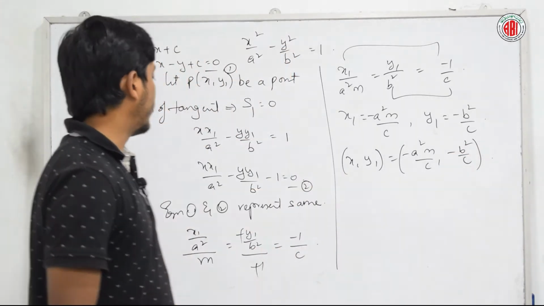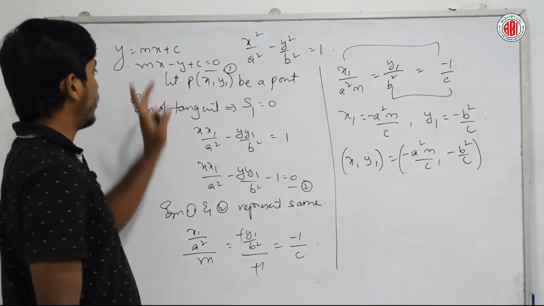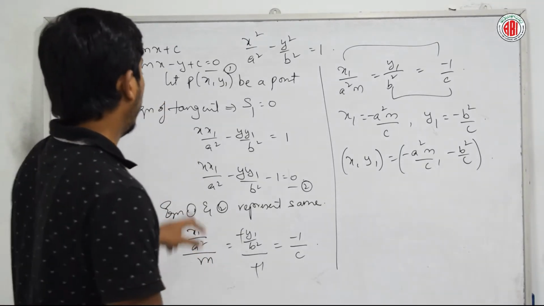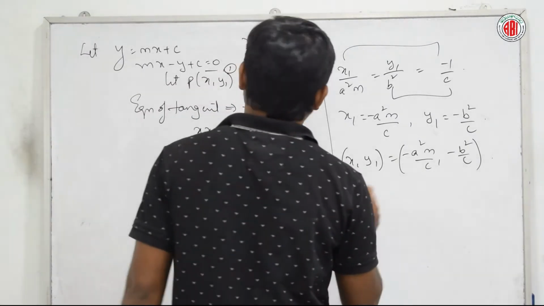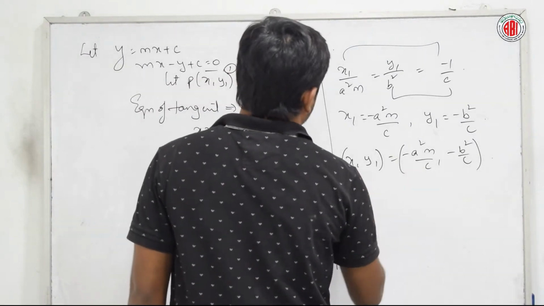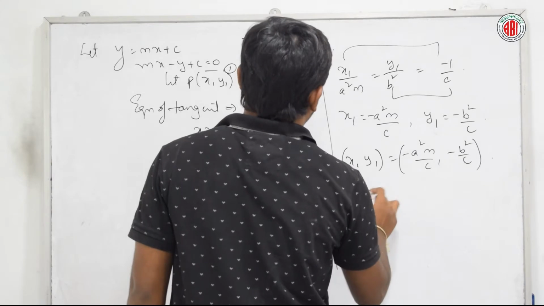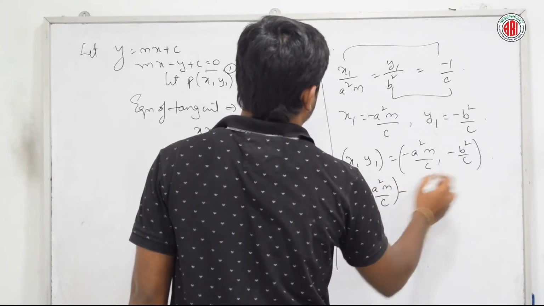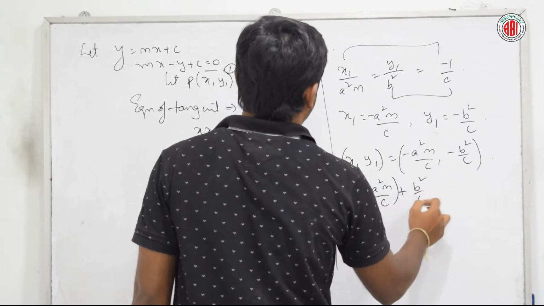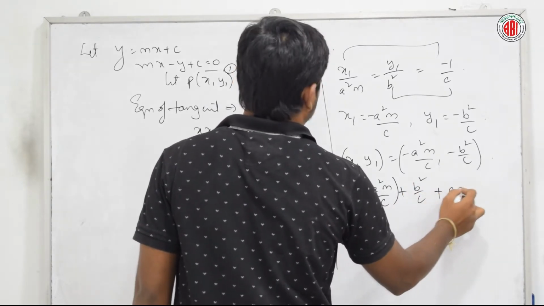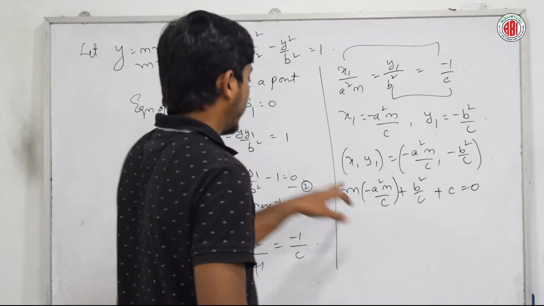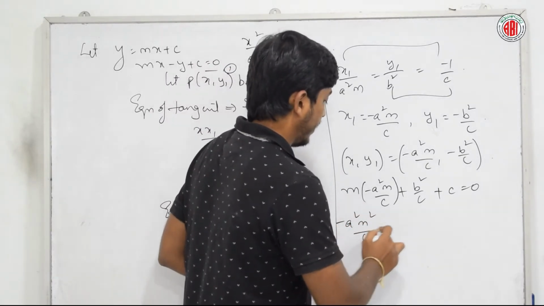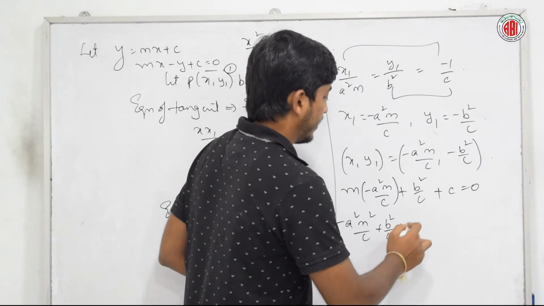Now let us substitute that in this equation or this equation, we will get the condition. If I substitute in this: m into minus a square m by c, minus into minus plus b square by c, plus c is equal to 0. Now just see here, minus a square m square by c plus b square by c plus c equal to 0.